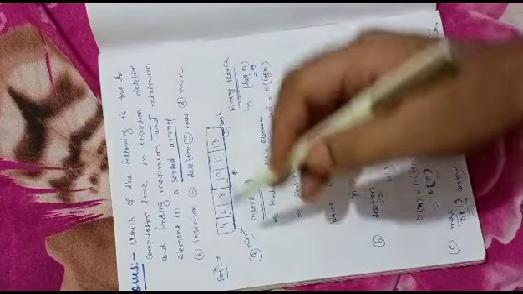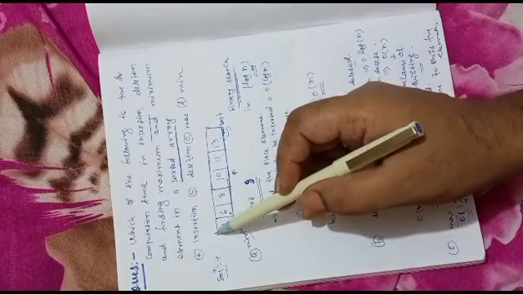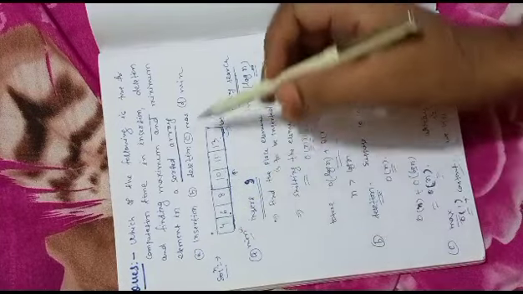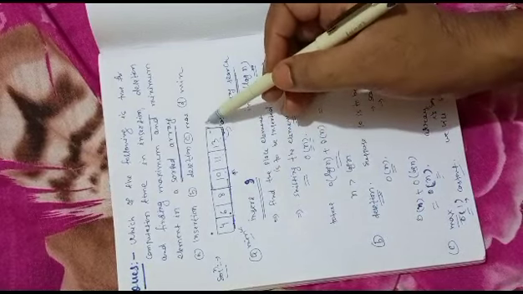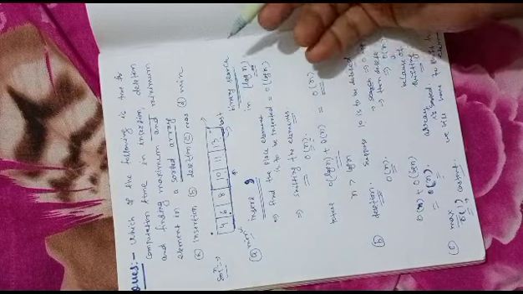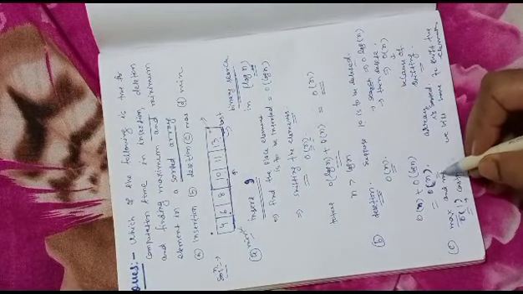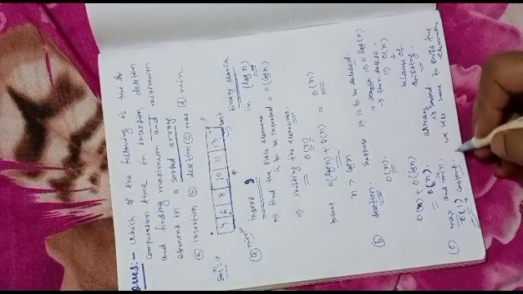And if it is in descending order, then the max element will be the first element of the array and the min element will be the last element of the array. So this can be found in just one step, so the time complexity of finding max and min will be O(1). Okay, fine.